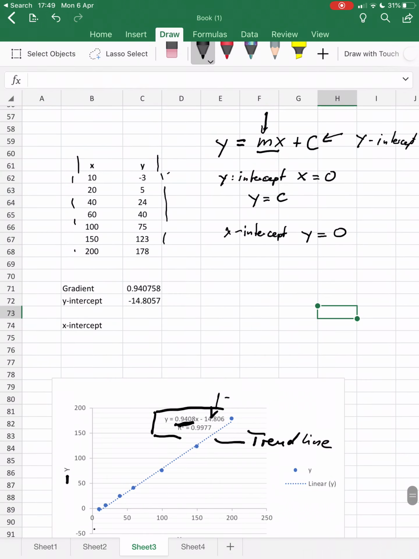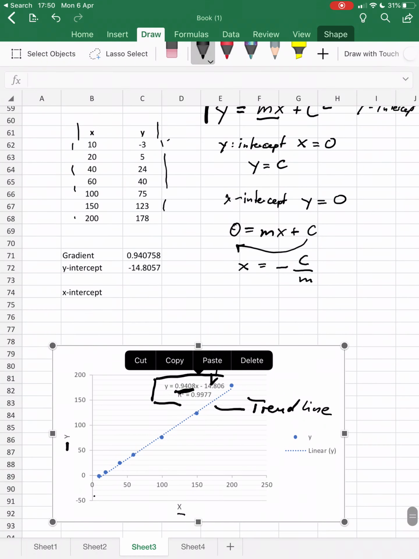So what we need to do is simply rearrange this equation here, and we have 0 equals mx plus c. We are trying to figure out what our x is, so we make x the subject. So this goes to that side, and then we divide it. So we get x equals negative c divided by m.